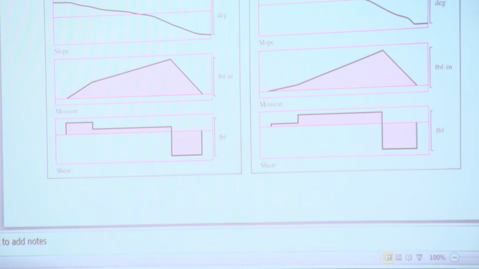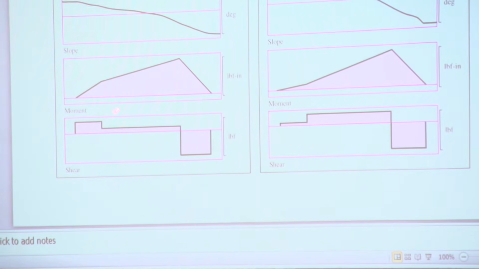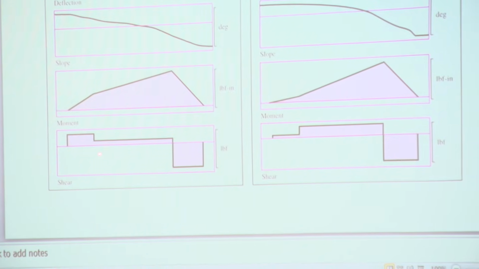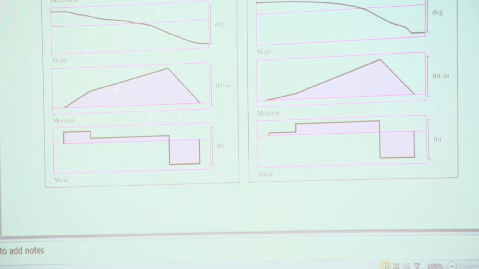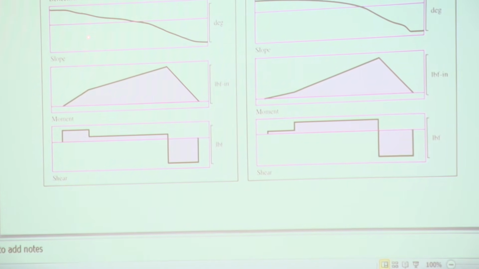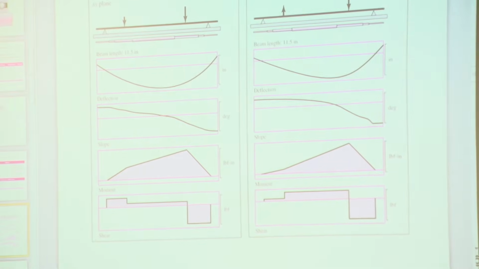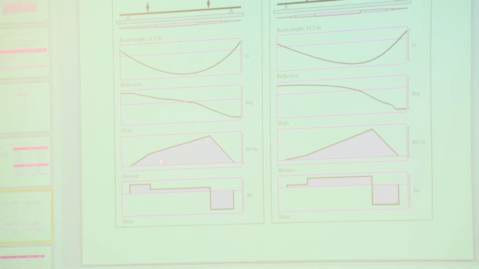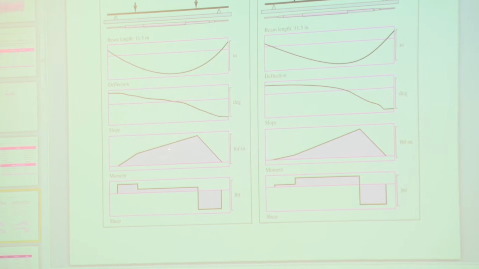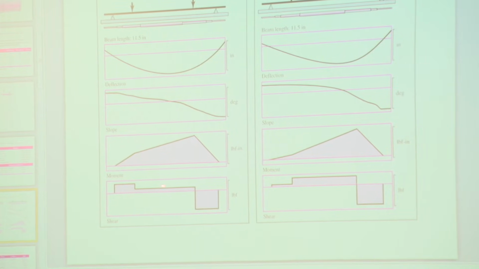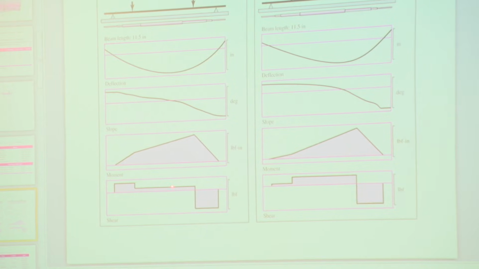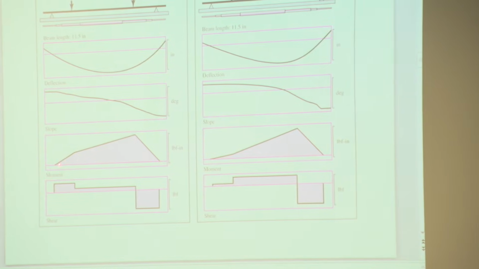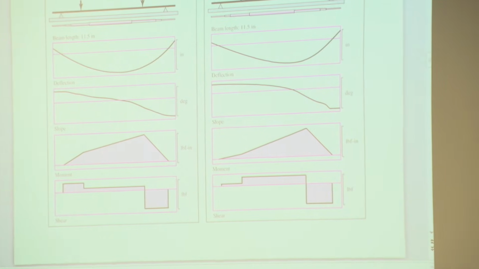But what I wanted to show you a little bit further is that the same relationship that exists between shear and moment exists between moment and slope and deflection. For example, we say that the slope of the moment diagram is equal to the magnitude of the shear force. That's a constant here, so that's a constant there. It's higher here, so the slope is higher there.